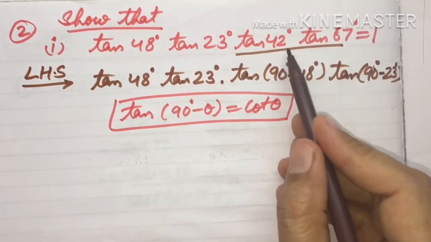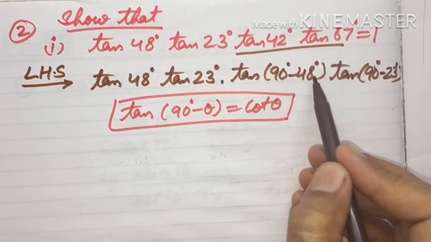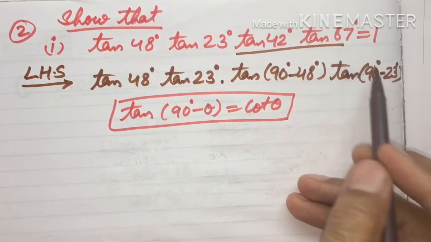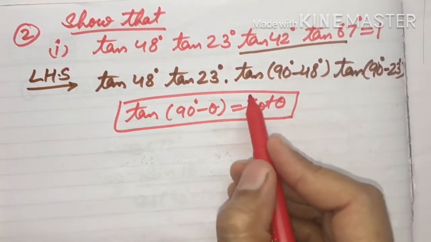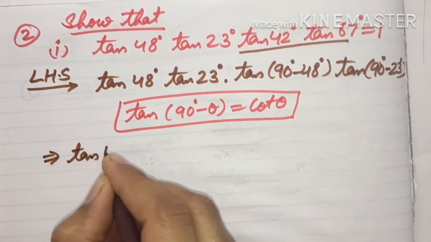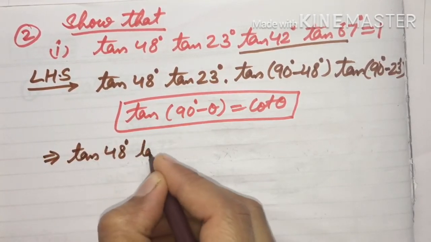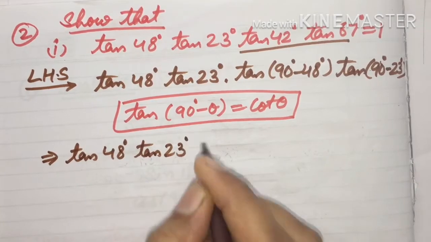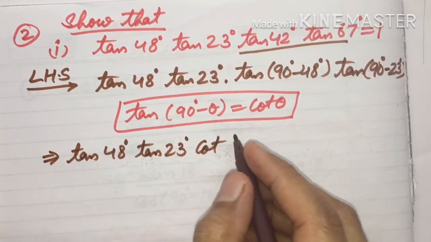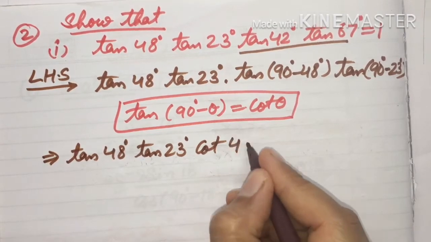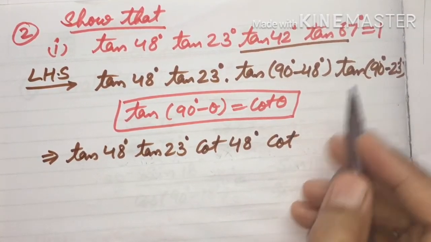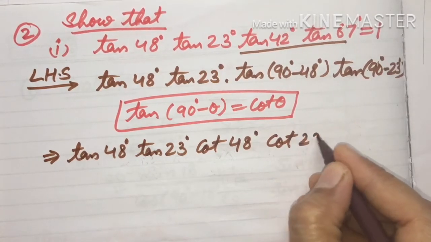So these two ratios we changed in form: tan(90 degree minus 48) and tan(90 degree minus 23 degree). This relation now we will use in the next step. Tan 48 degree, tan 23 degree, and this will become cot 48 degree, and this tan will again become cot 23 degree.